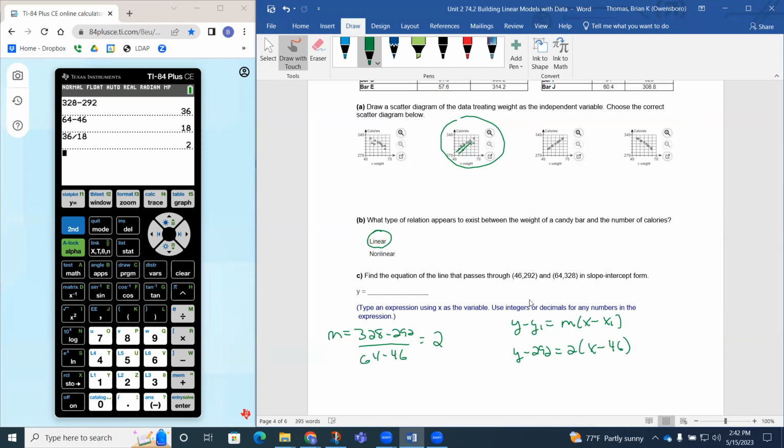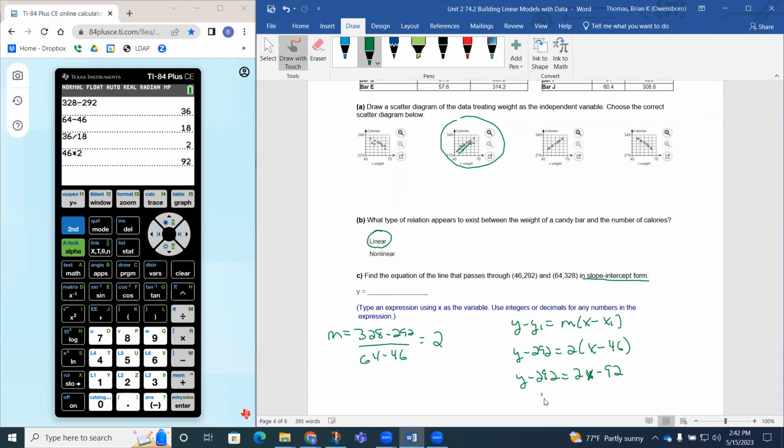They want the equation in slope-intercept form, so I have to solve for y. So y minus 292 is equal to 2x, and 46 times 2 would be 92, so 2x minus 92.